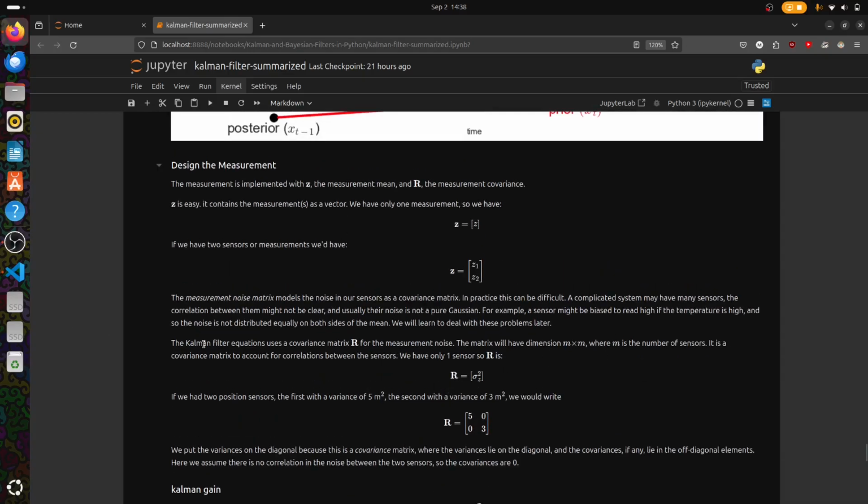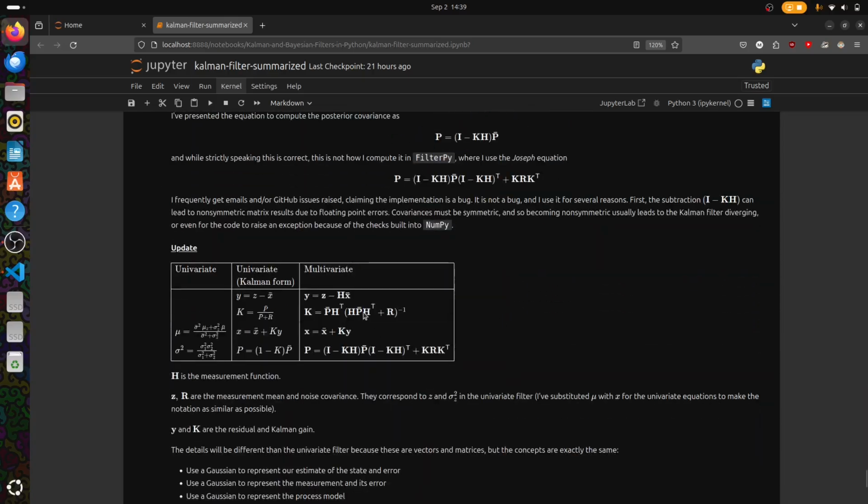For example, the Kalman filter equation uses a covariance matrix R, the measurement noise matrix, with dimension m by m, where m is the number of sensors. It has the covariance matrix to account for correlations between sensors, and also their means. So basically you would run the sensor, accumulate data, find the means, put them in the diagonal, and also the covariance. Similarly to how you would find P, you also find R.